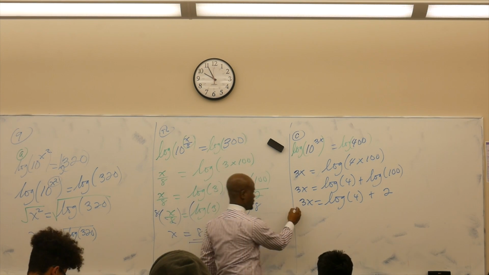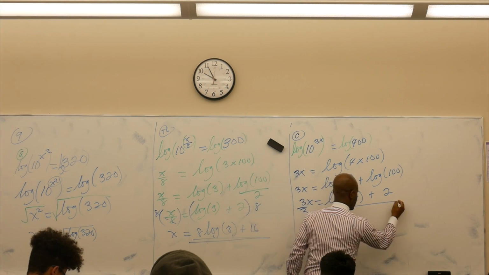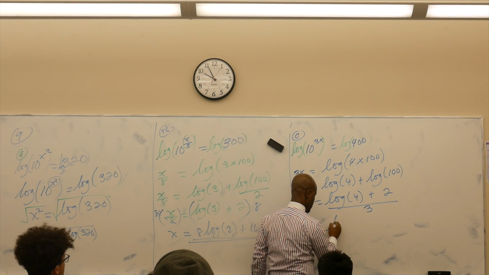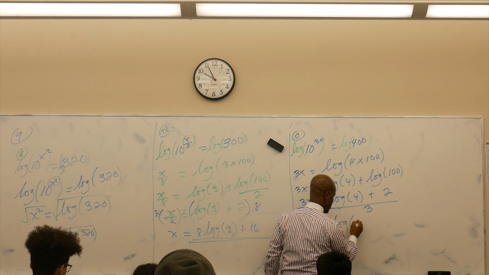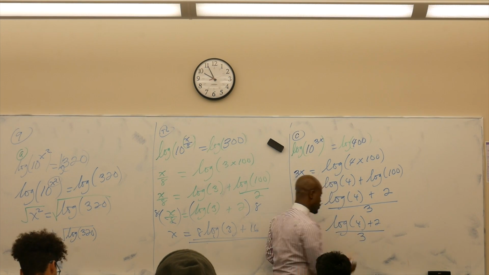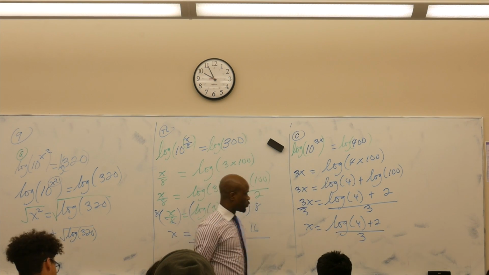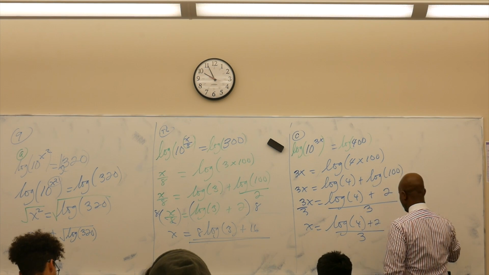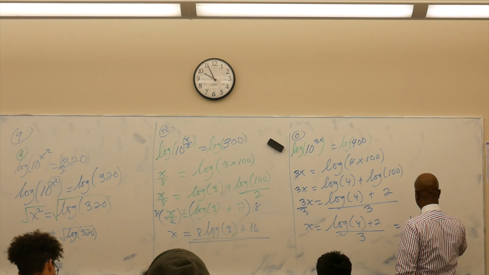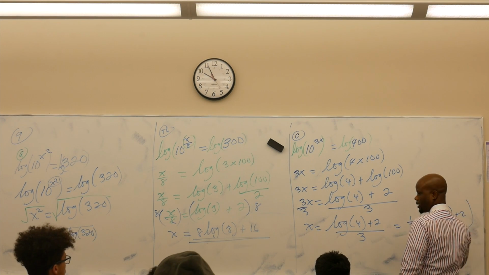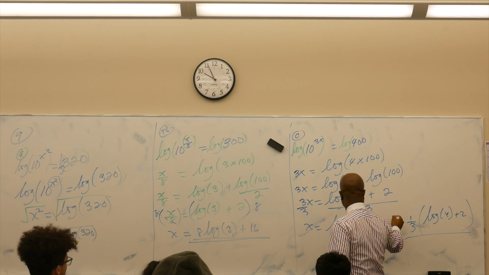Divide by 3. Or, like Ms. Will I am said, a division by 3 is also a multiplication by a third, right? Very simple.